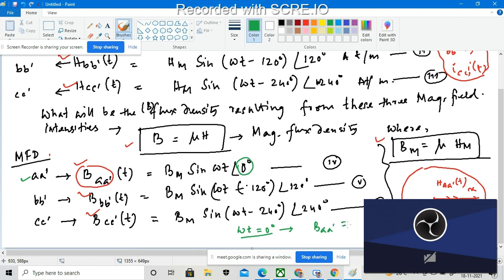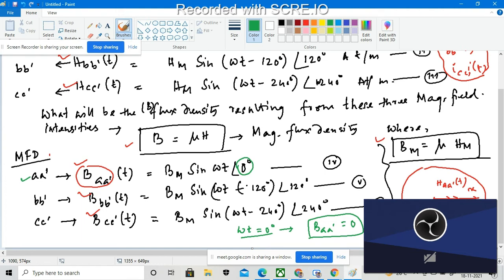So B of A dash equals 0. Is it or not? Yes.